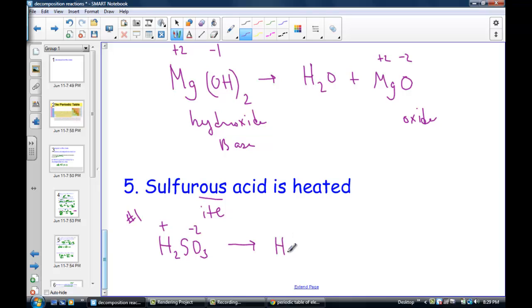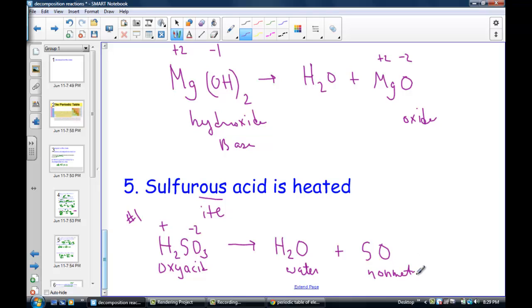Think of it as a subtraction problem. I'm going to remove the water first, so notice this is an oxyacid. Write that under there so you recognize that to take a water out, and I want you to subtract to find the other product. We know it's going to be S something, O something, where those little somethings we call subscripts.